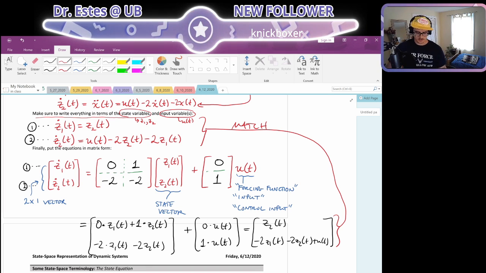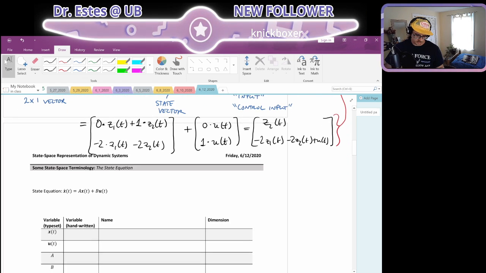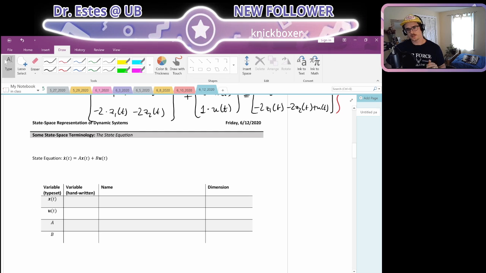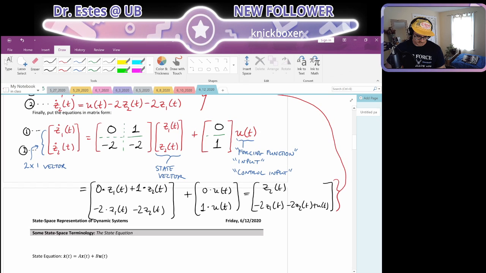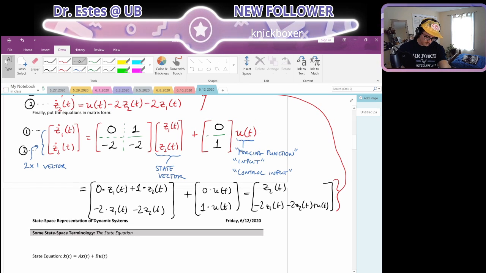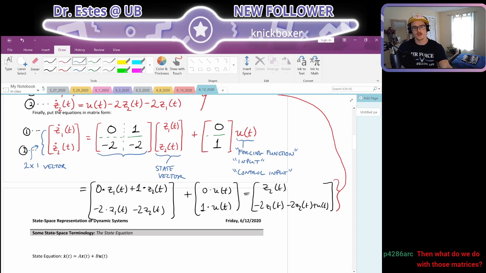Okay. We're going to do more examples, so let's introduce some terminology first, though. So I showed the state vector, this matrix. Then what do we do with those matrices?